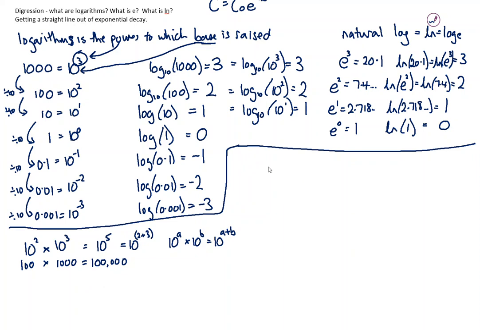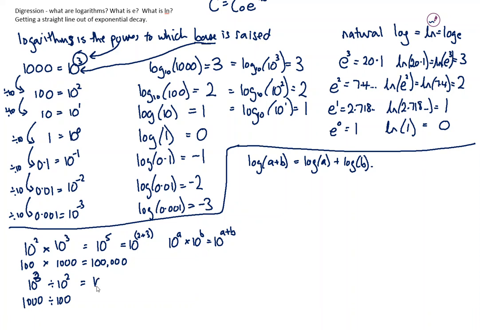And because the logarithm is the power to which the base is raised, the log of a times b is the log of a plus the log of b. We could also look at divide. So let's go for 10 to the 3 divided by 10 to the 2. That's 1,000 divided by 100.